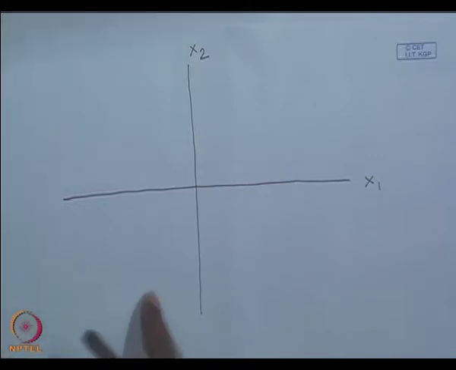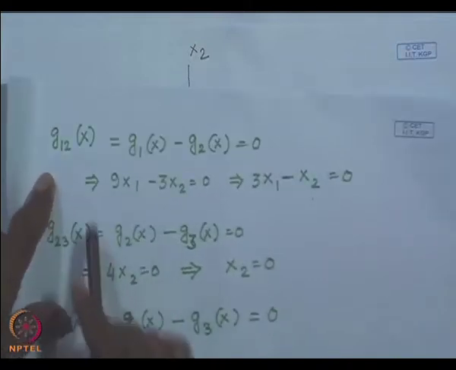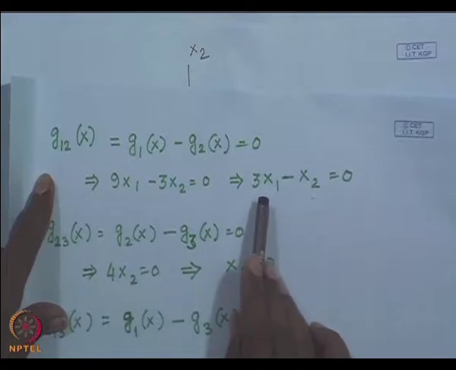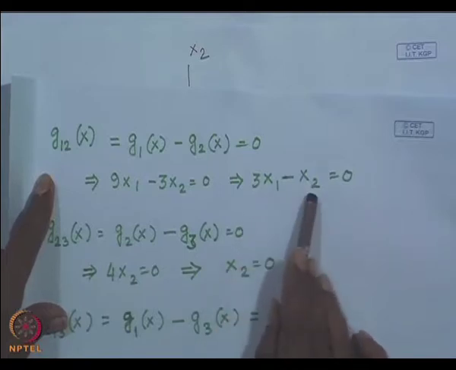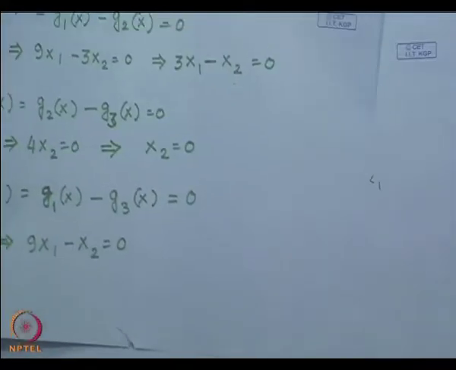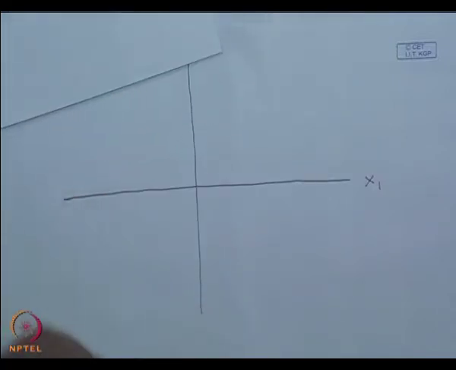Now, when you come to g12x, that is the decision boundary between class omega 1 and omega 2, which is given by 3x1 minus x2 is equal to 0. This decision boundary, if I plot, will look like this.